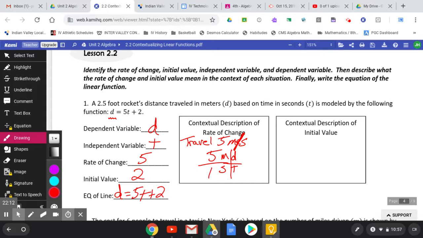That's what contextualizing means. So the initial value is the 2 meters above the ground that the rocket was launched from.